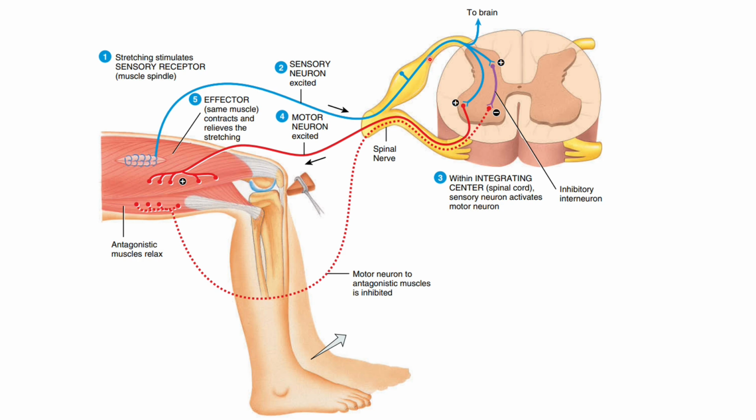Note here that this sensory neuron branches to give different stimuli to different outputs. For example, this first branch stimulates the muscle, the other one inhibits the antagonistic muscle, and this third one gives information to the higher areas in the brain about this change during this reflex.